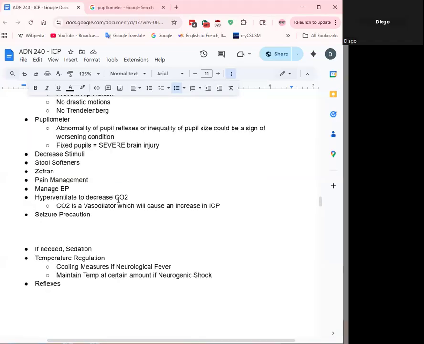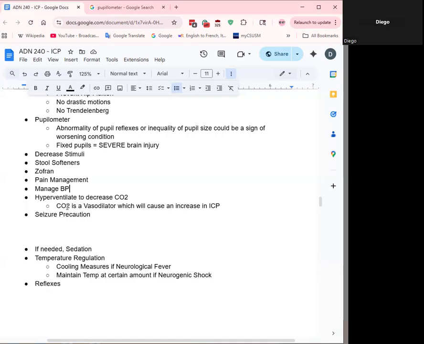CO2 is a vasodilator, which is one of the reasons why, if you're breathing in cigarette smoke, you might get a little bit lightheaded. Nicotine is vasoconstricting, but the carbon dioxide is vasodilating, so that can cause an increase in blood flow, which would increase your ICP, which then can give you that lightheaded feeling.